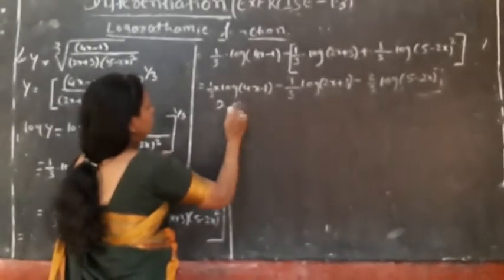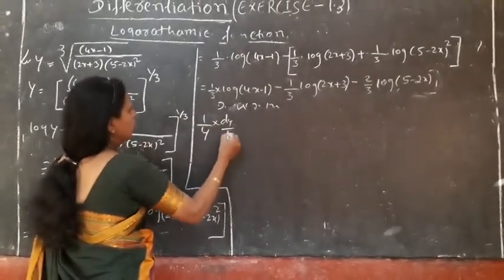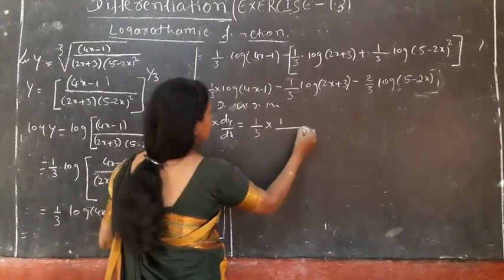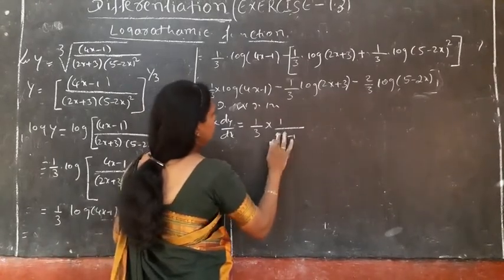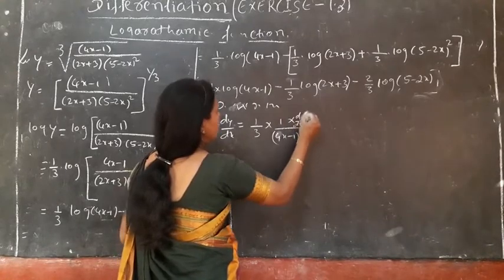Differentiating with respect to x, the LHS becomes 1 upon y dy upon dx. See here, 1 upon 3 is a constant. Differentiation of a log function is 1 upon the function into d by dx of the function.